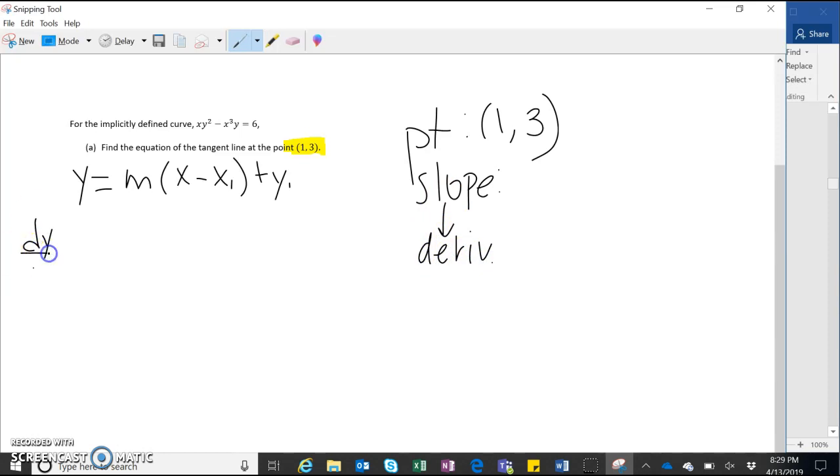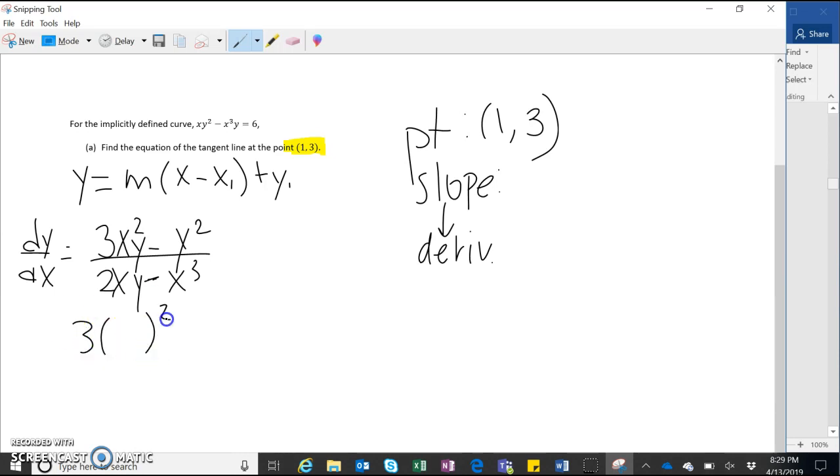And in the previous problem, we spent a whole bunch of energy establishing that the derivative of this implicit function is, I forgot a y, 3x squared y minus y squared all over 2xy minus x cubed. Make sure I wrote that down right. I think I did, but you've got yours right up above on your notes. So I'm just recording the derivative that I found up above down here in part A. And if I want a numerical slope for this tangent line, all I need to do is take this equation that represents my derivative.